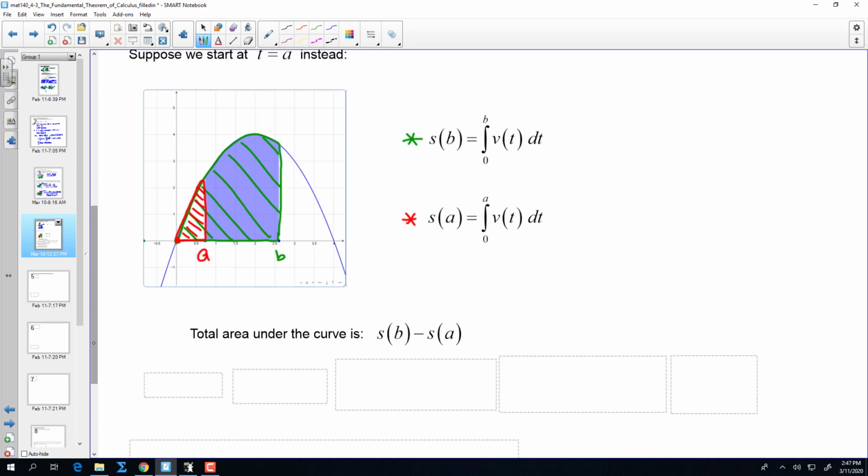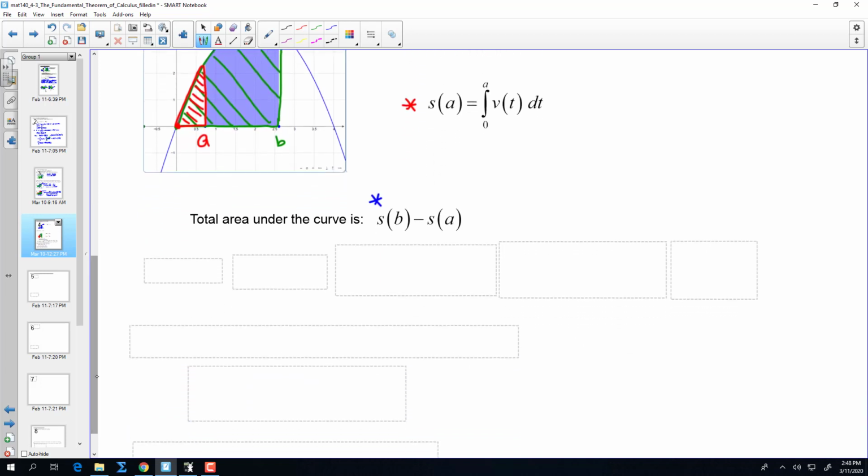The total area under the curve is now S of B minus S of A. So S of B is the green region. If you subtract out the red region from the green region, what you get is the remaining blue region, which is the total area from A to B. So that's S of B minus S of A.